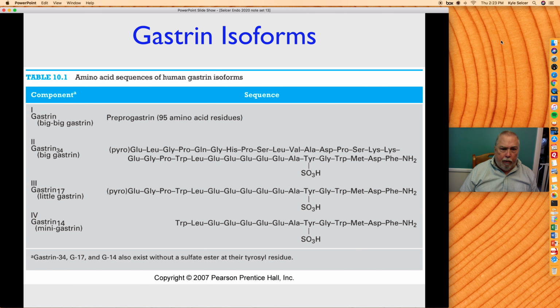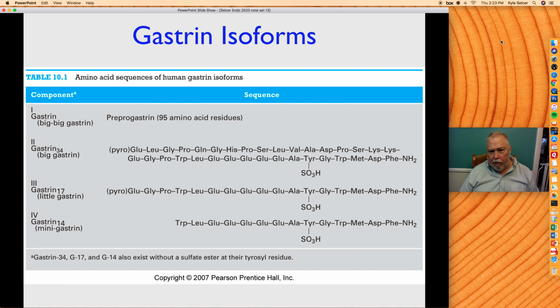Here's just an example of the isoforms. We got, I love this, big gastrin, which I also call pre-progastrin, 95 amino acids. That's what gets secreted. Big gastrin is 34 amino acids, has pyroglutamate. You can see the 5 conserved amino acids along with that sulfated tyrosine. Gastrin 17 is little gastrin, has pyroglutamate.